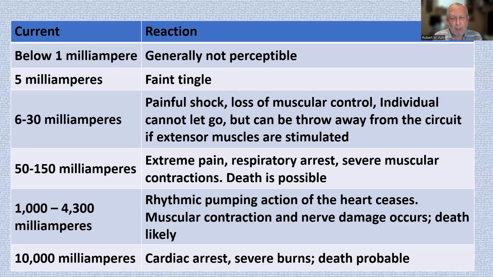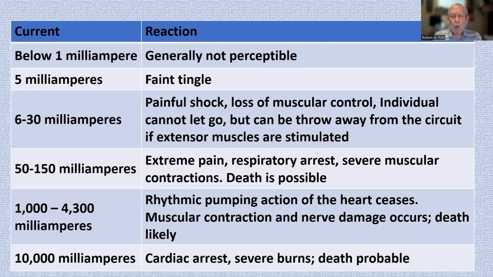The individual cannot let go, but can be thrown away from the circuit if extensor muscles are stimulated. 50 to 150 milliamps, extreme pain, respiratory arrest, severe muscular contractions, death is possible. 1,000 to 4,300 milliamps, so that's 1 amp to 4.3 amps, rhythmic pumping action of the heart ceases. Muscular contraction and nerve damage occurs, death likely. 10,000 milliamps, which is 10 amps, cardiac arrest, severe burns, death probable.